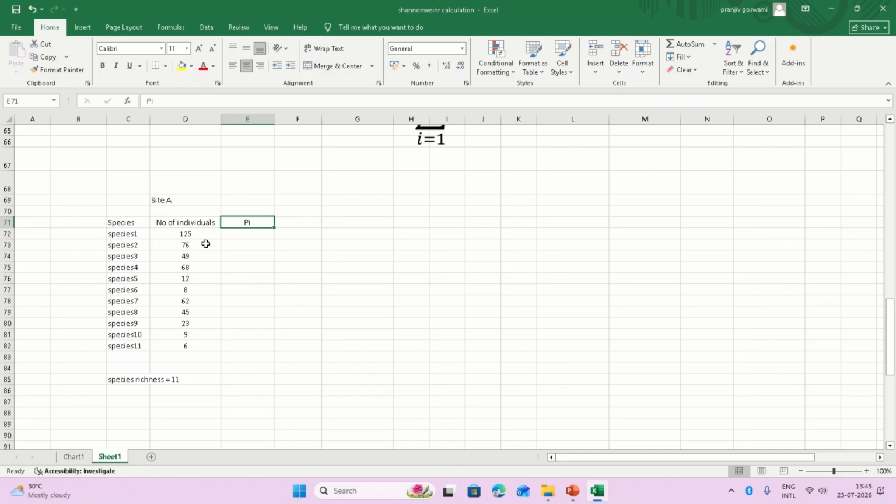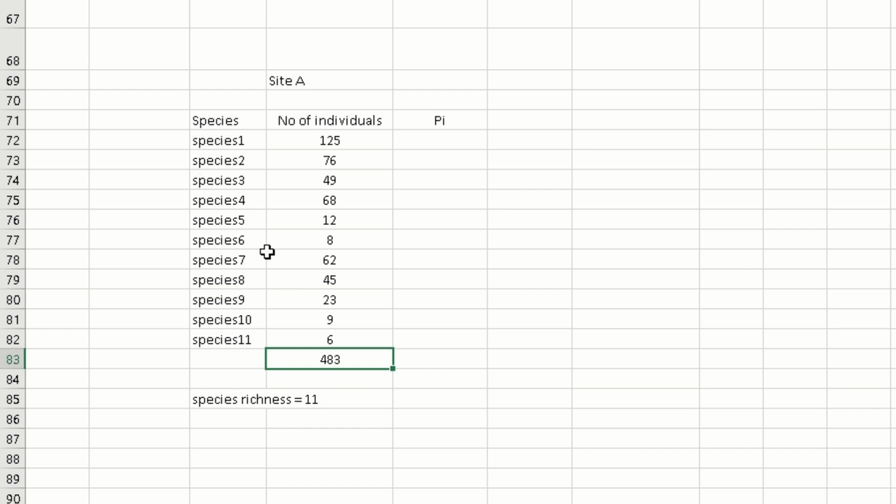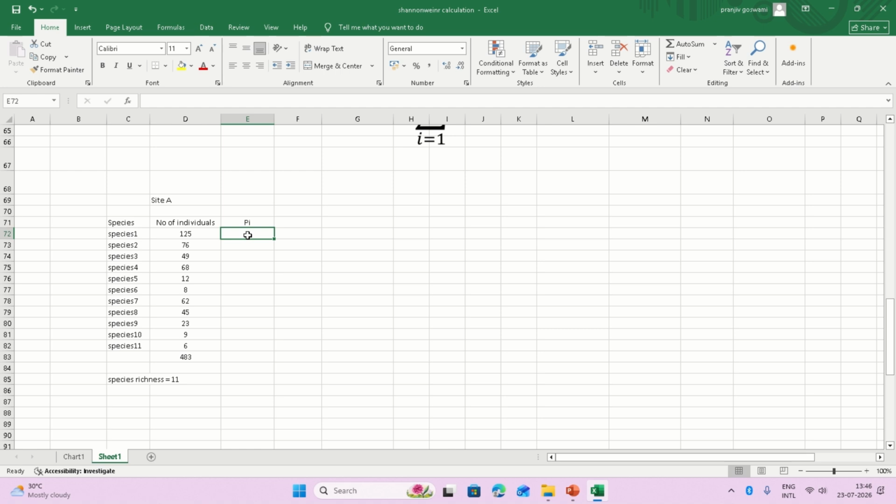We need to find out the proportion. So we have to add these values. This is 483, the total number of individuals. So now find out the proportions of species.